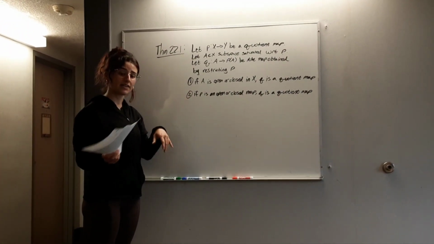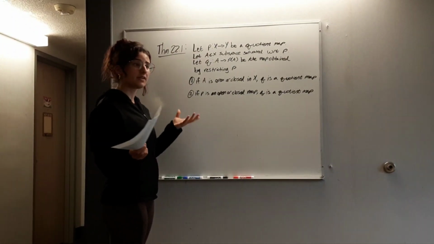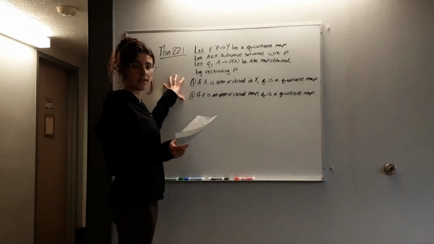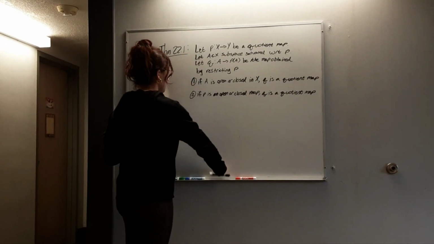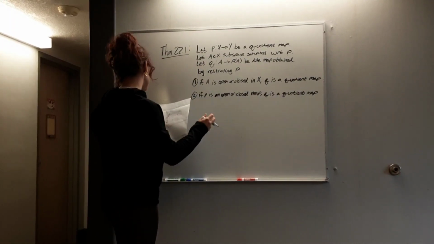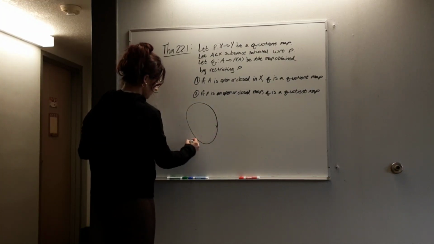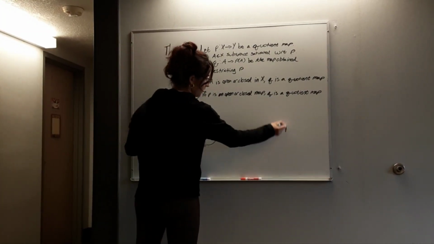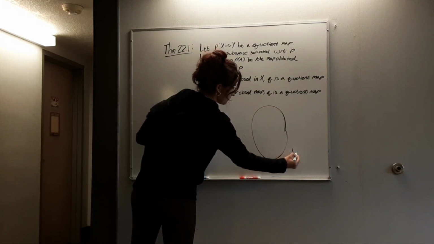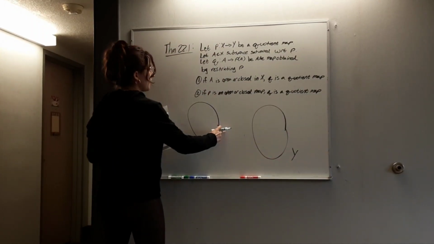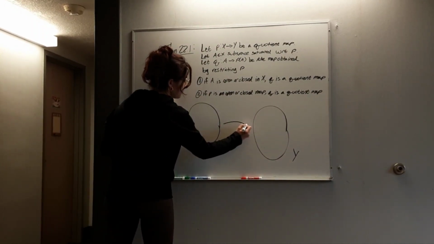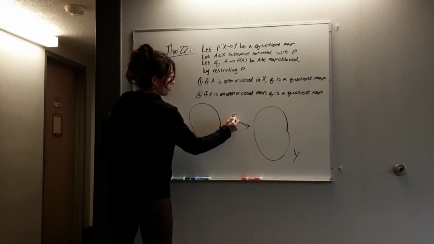So before we dive right into the proof, let's just get a visualization of what this is actually meaning. So from here, we have two spaces, X and Y. So this is going to be X. We're going to let this be Y. And then from X to Y, we have p, which is our quotient map.